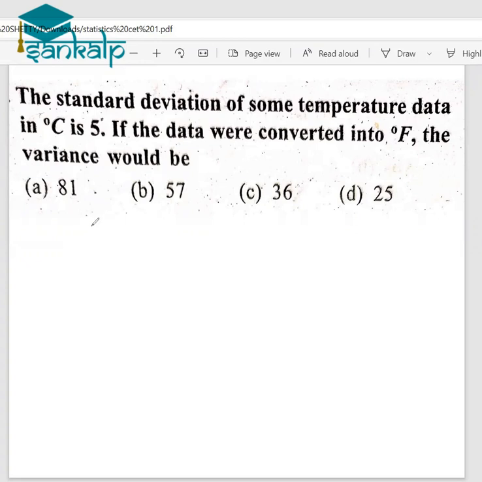Fahrenheit F is equal to 9 by 5 C plus 32. They have given the temperature in degrees Celsius, and the standard deviation is equal to 5.